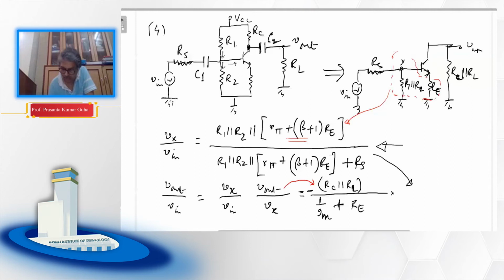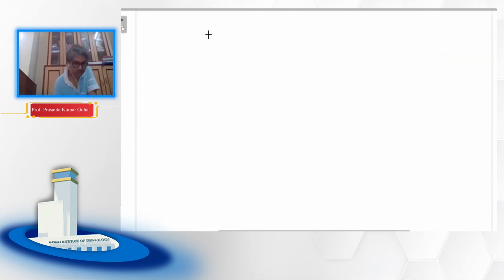I am going to a new slide. Let me draw it once more. Whatever we have done, you can recalculate and arrive at a similar expression.